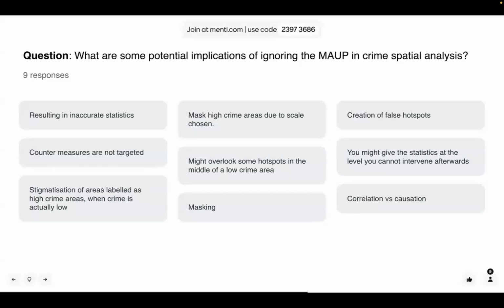Typically, if you're not coming from a background where you understand all of this, like geographical units, you will take what you see at face value, right? And this is why we are fed so much false information about certain crime types and areas, because people fail to think about the effects of these scale and aggregation effects within their data.